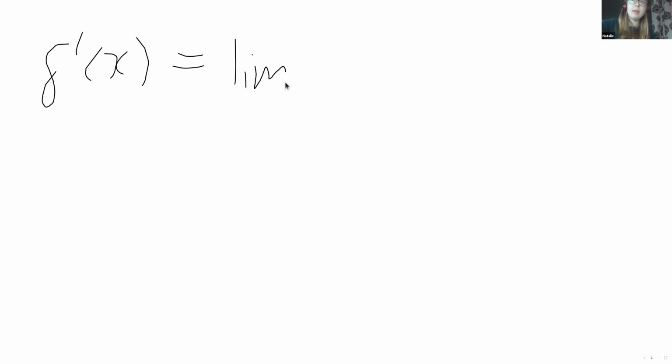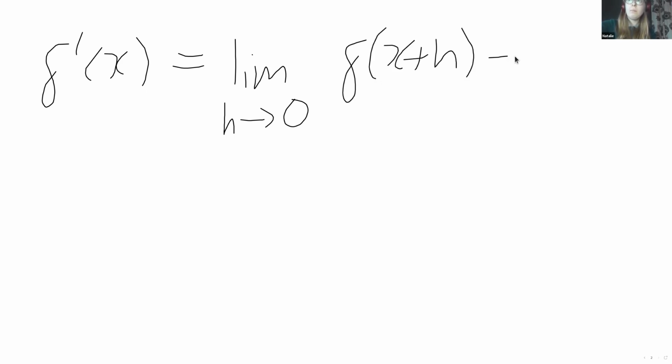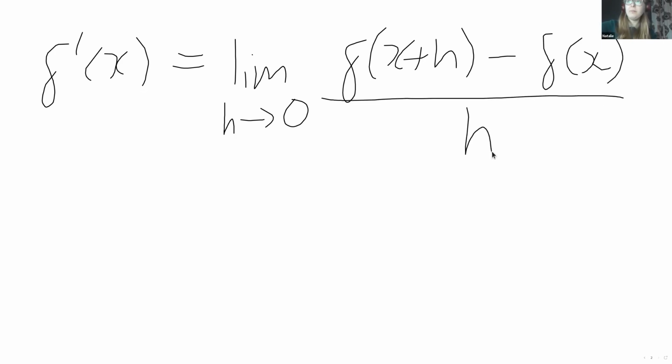So the gradient function or derivative of a curve can be written as f prime x, remember f prime x is the same as dy by dx, is equal to the limit as h tends to 0 of f of x plus h minus f of x all over h.